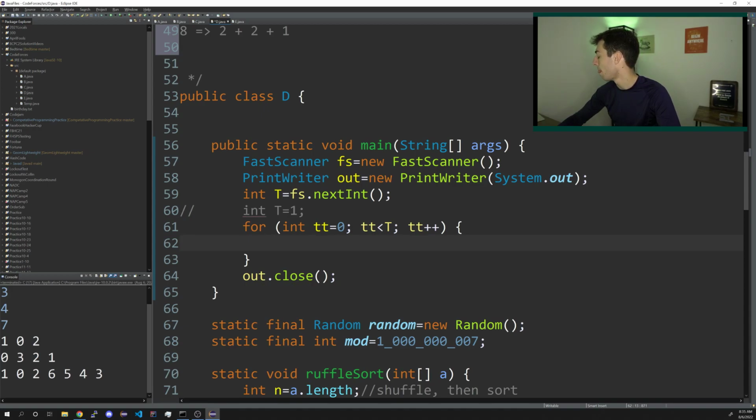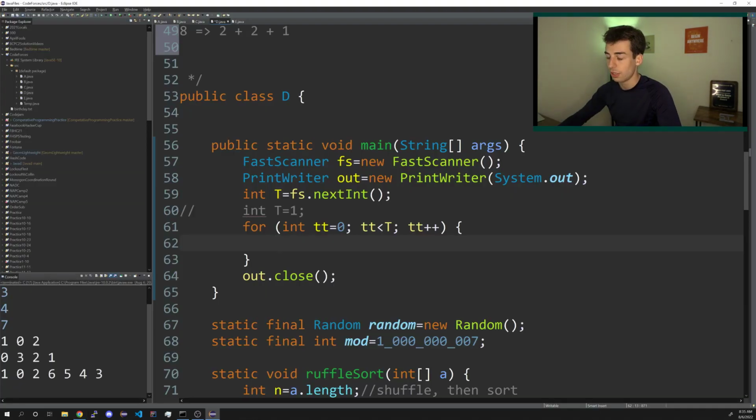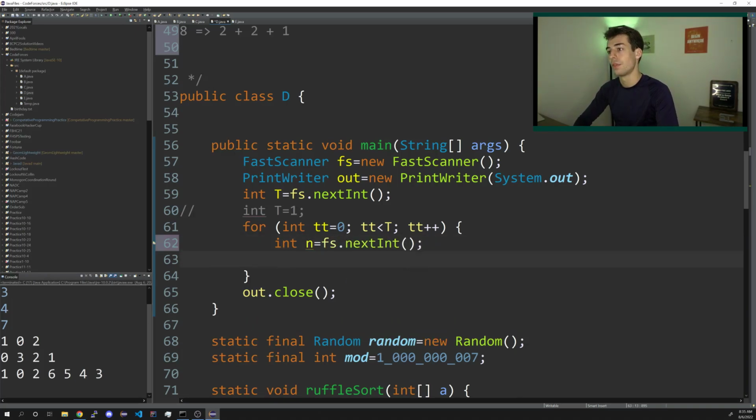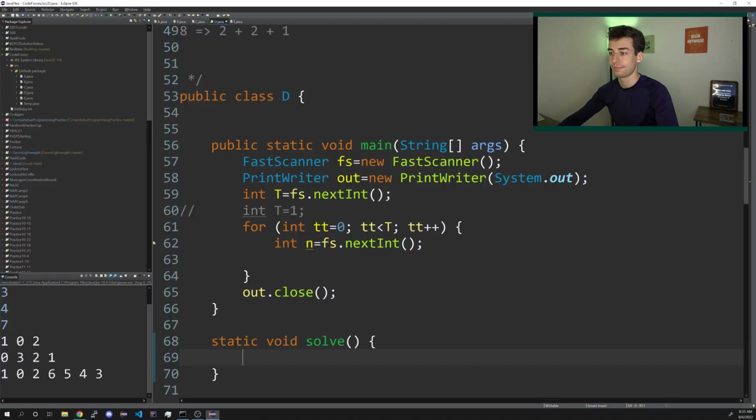Cool. How does this work? So we're gonna have int t, 1 test case. It's gonna be a bit confusing, okay? And int n equals this. And then we'll have static void solve. And this will have an array list of integer, alive.